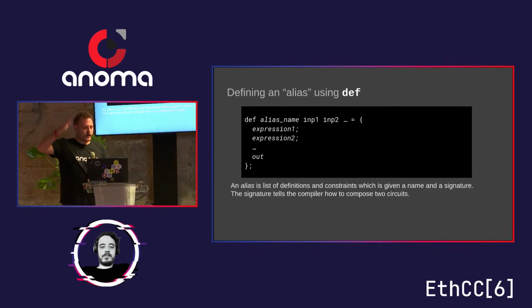In the body of the alias, you have expressions that end with semicolons, and at the end, you have a return value, that's the out, with no semicolon. And finally, after the closing curly brace, you have another semicolon. So a lot of what we're going to do today is defining these aliases.